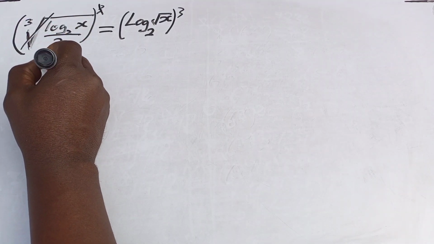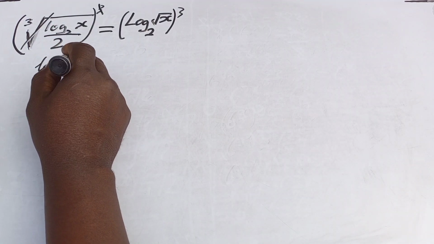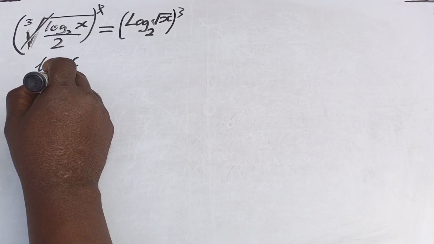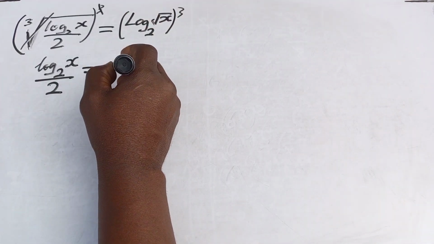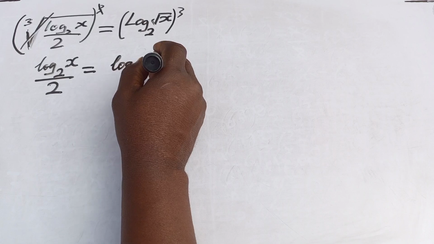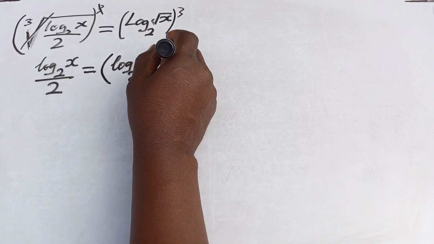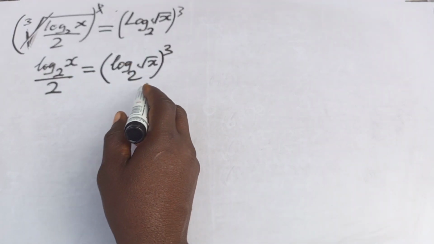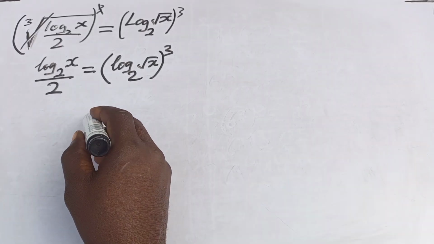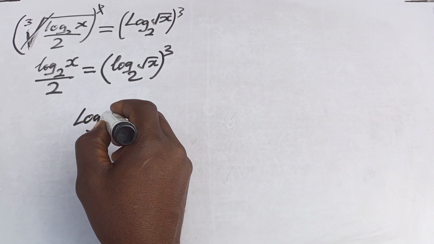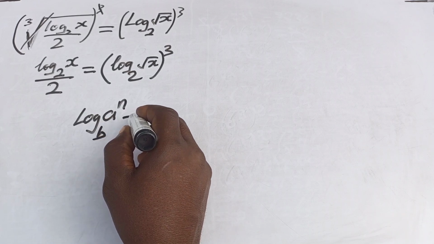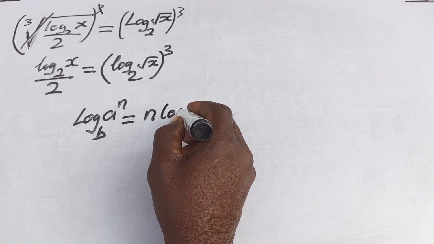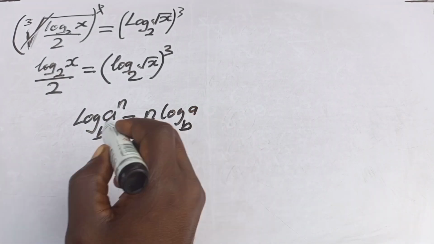So we have log to the base 2 of x all over 2 will be equal to log to the base 2 of root x, cubed. Now let's look at the right hand side. We're going to use the law of logarithm, which says log a to the n to the base b will be equal to n log a to the base b.